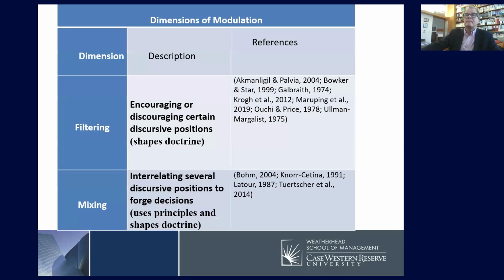And also examples of those. First of all, there's one type which we call filtering, which is that you encourage or discourage certain discursive positions, certain ways of talking about the software. You say that this doctrine or this way of organizing a module is not good, it needs to be done in this way. That would be one way of saying that. And who encourages?